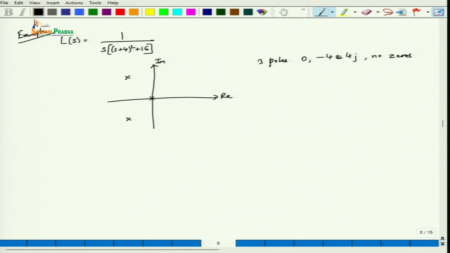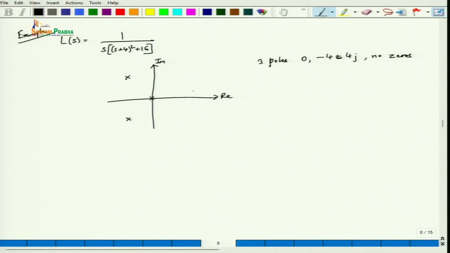Now coming to the next rule about locating the part on the real axis which is on this root loci. If we consider the positive part, there are no poles or zeros on the right part, so this part does not come within the root loci.